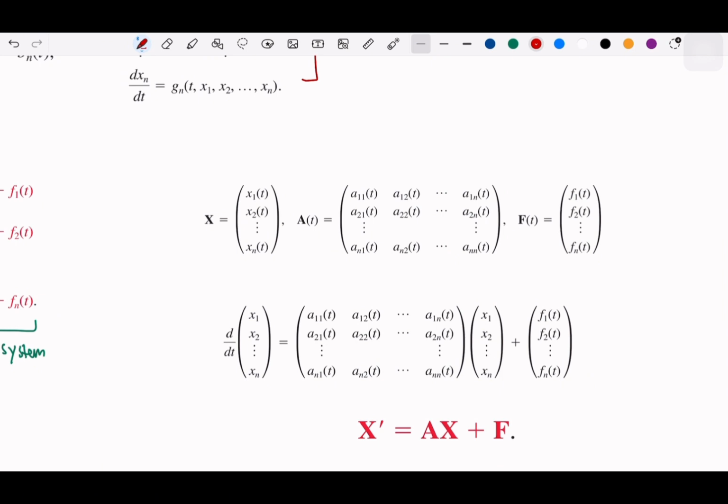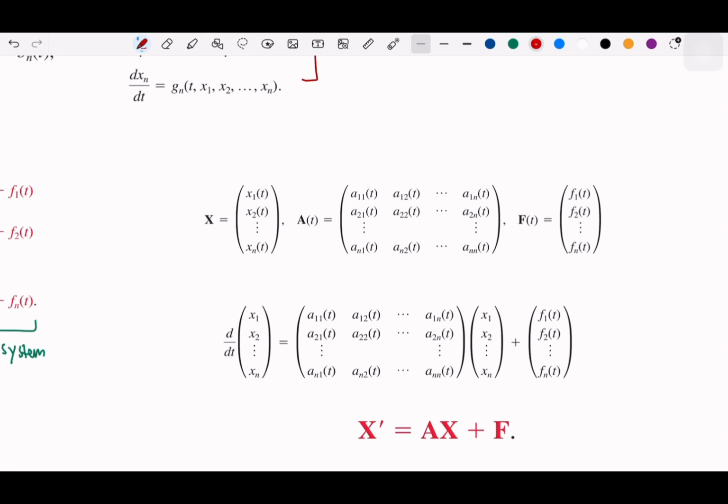Then we can write the system as d/dt of all the variables, as a vector, and the coefficient matrix multiplied by the variables, plus the functions.